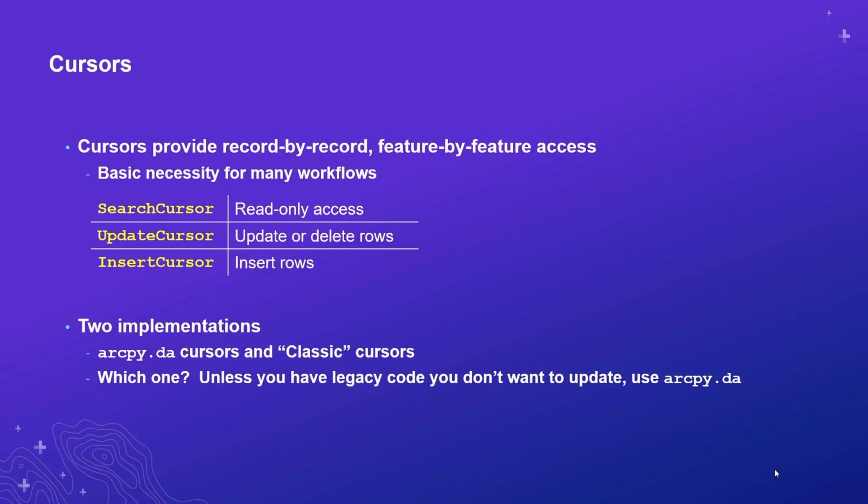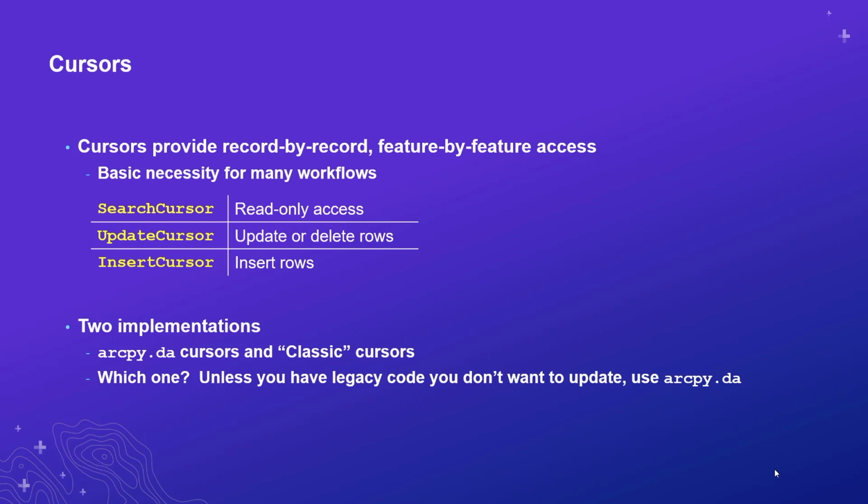Now let's look at some specific methods that you can use for feature data processing. The first of these are cursors. Cursors are a way to interact with individual features or rows in a feature class. These cursors come in three flavors: update and insert cursors, as well as the search cursor, which is a read cursor.